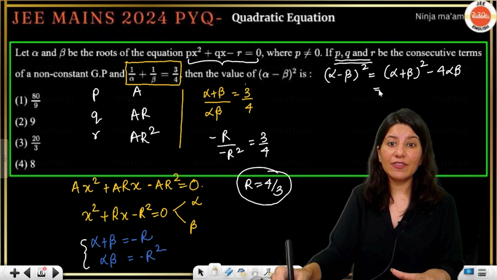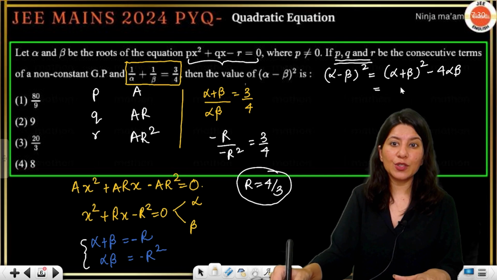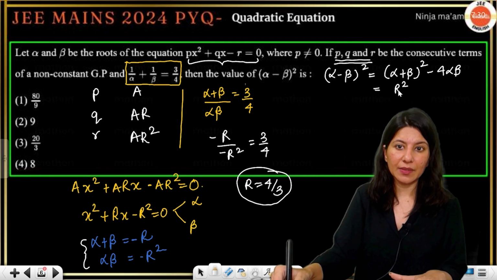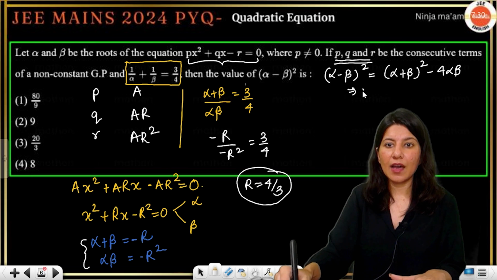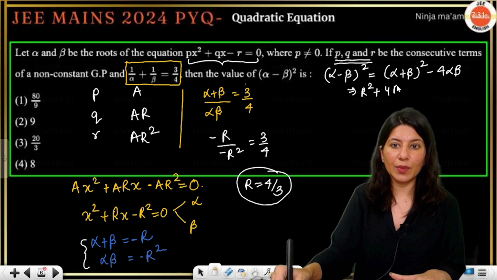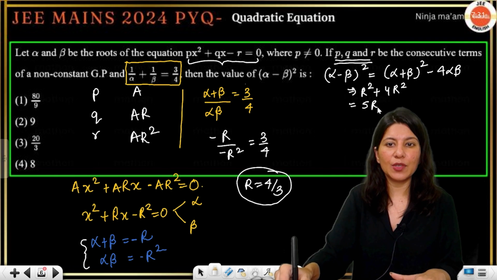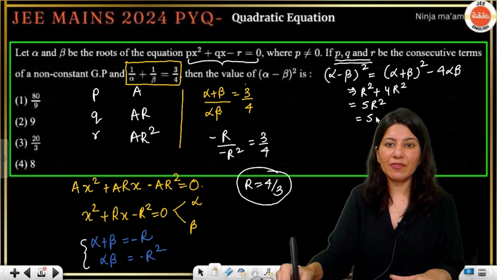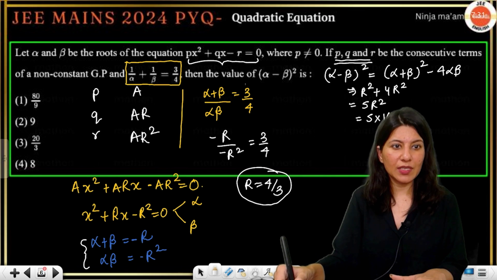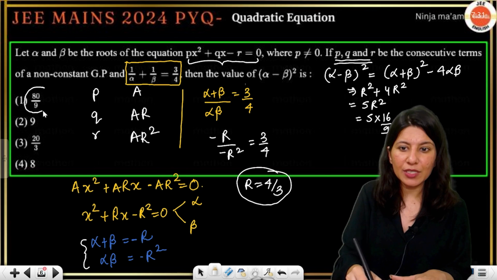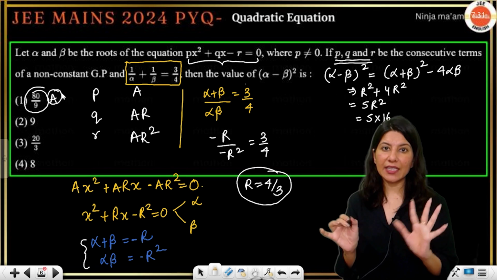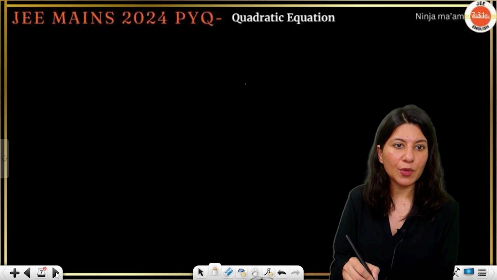Alpha plus beta whole square will be R square, minus, sorry, it will be plus, correct? So it is R square plus 4 times alpha beta, that is R square. So 5R square basically will be your answer. 5R square will be 5 into 16 by 9, so this is going to be 80 by 9, that is option A is absolutely right. Clear? Any doubts? Any confusion? Do let me know in the chat box, okay?